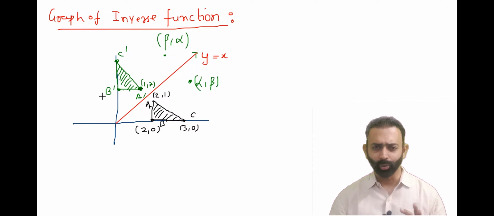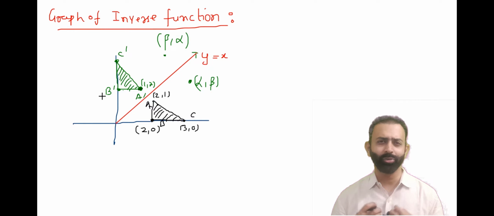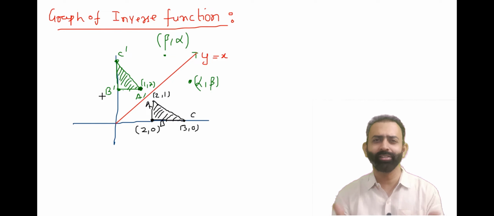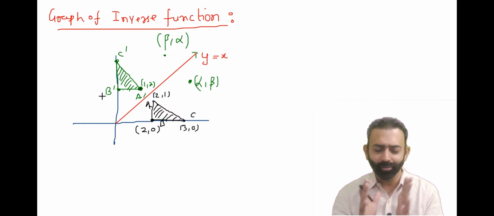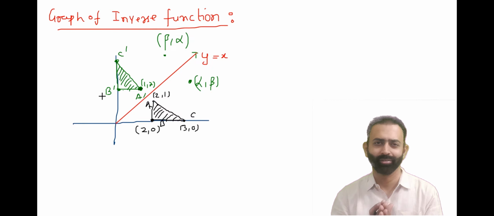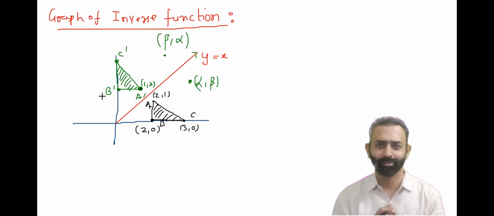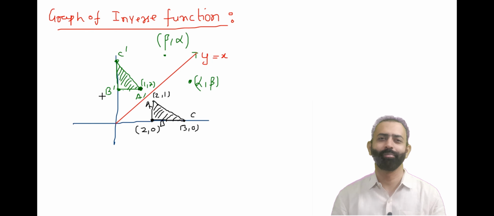Now knowing this fact, and I knew already that in order to find out the inverse function, I interchange the variables. y becomes x and x becomes y. So basically the graph of the inverse function of the given function will be the mirror image of the given function.